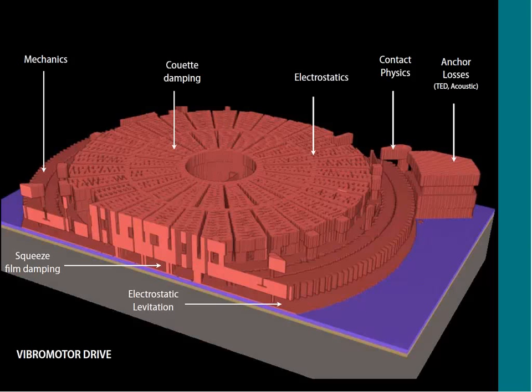There's mechanical phenomena going on, as well as maybe electrostatic actuation, different squeeze film damping or couette damping, as well as different contact physics and different damping and losses to various sources. So in short, a MEMS device is very complex, and there's a lot going on.